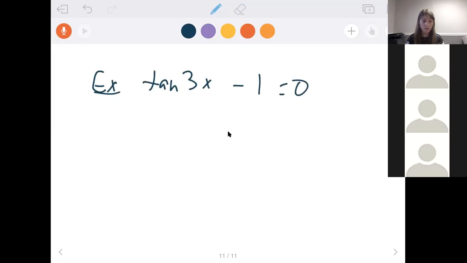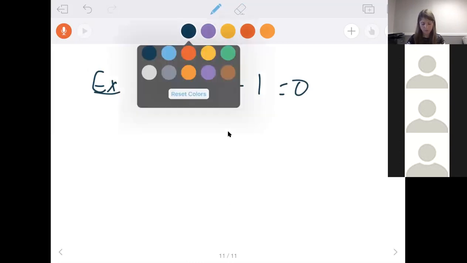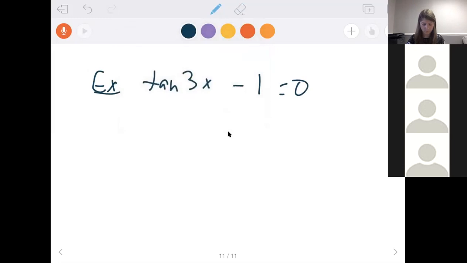And when you see this, you want to assume that it's really meaning tangent of 3x, minus 1. If they had wanted it to be 3x minus 1 in parentheses, they really need to specify that. The argument is immediately what's following, not including any plus or minus, unless you put those parentheses.